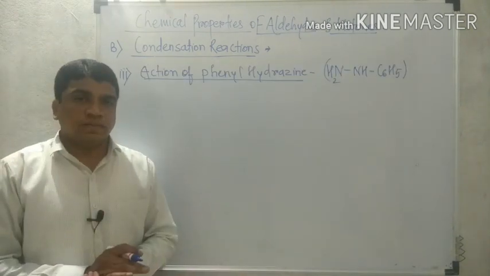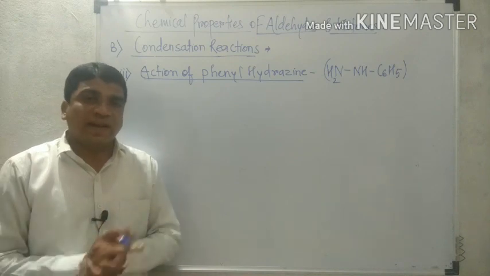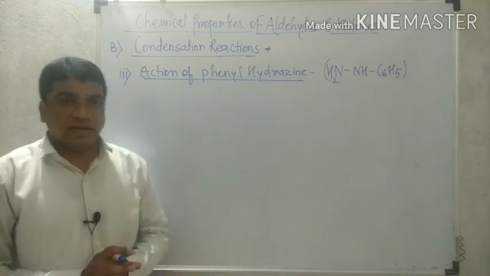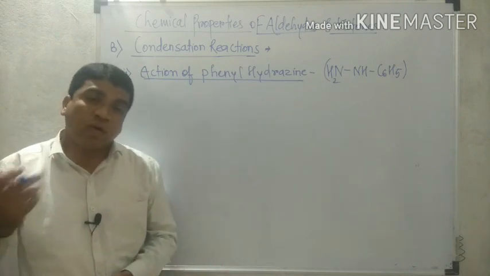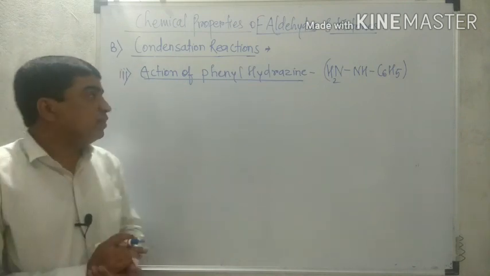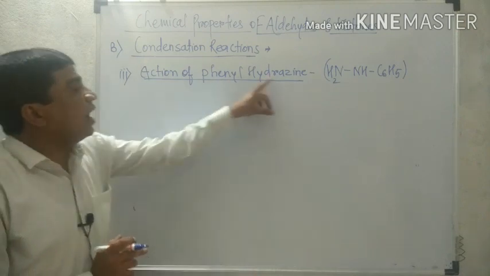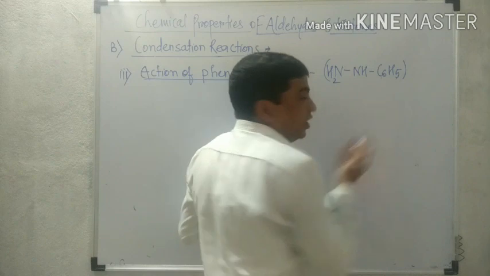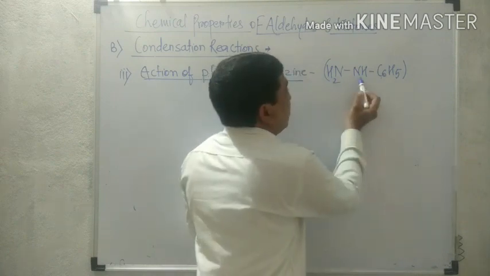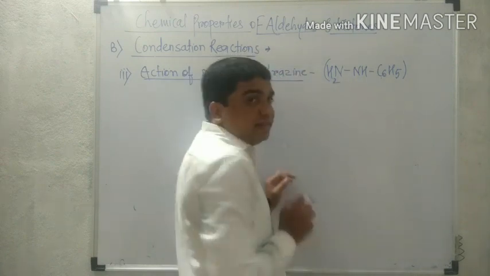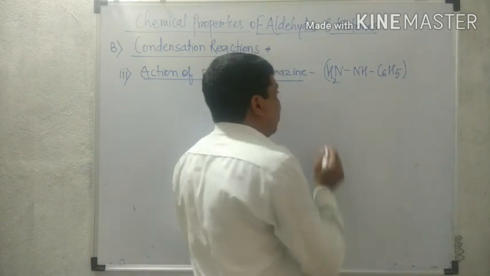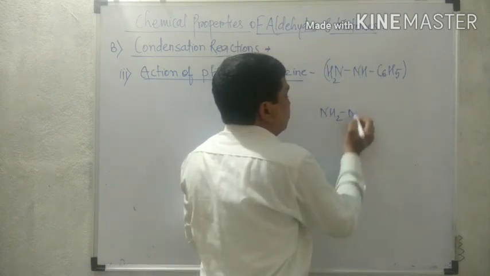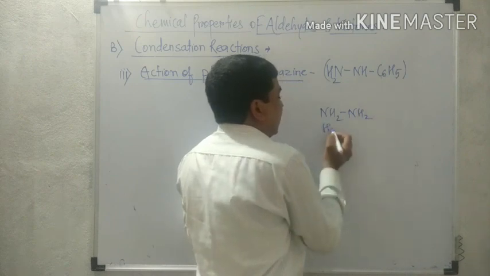Now the third condensation reaction of aldehyde and ketone is the action of phenylhydrazine. Last time we discussed only hydrazine, and this time the reagent is phenylhydrazine, with formula C6H5NHNH2. C6H5 is phenyl, and NHNH2 is the remaining part of hydrazine.